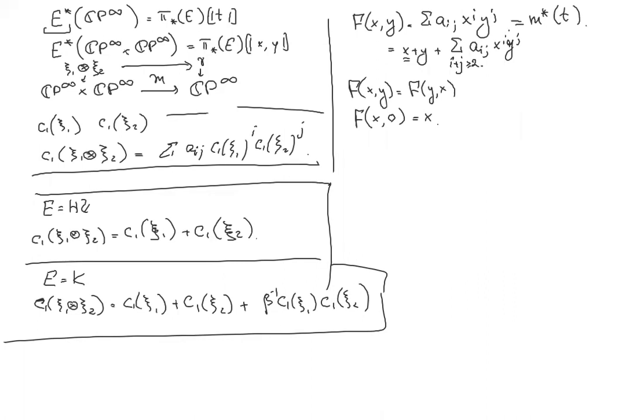This follows from the fact that the first Chern class of the tensor product with the trivial line bundle is the first Chern class of the line bundle itself. And the last thing, which Sasha mentioned too, is associativity: f of f of x, y, z is equal to f of x, f of y, z.